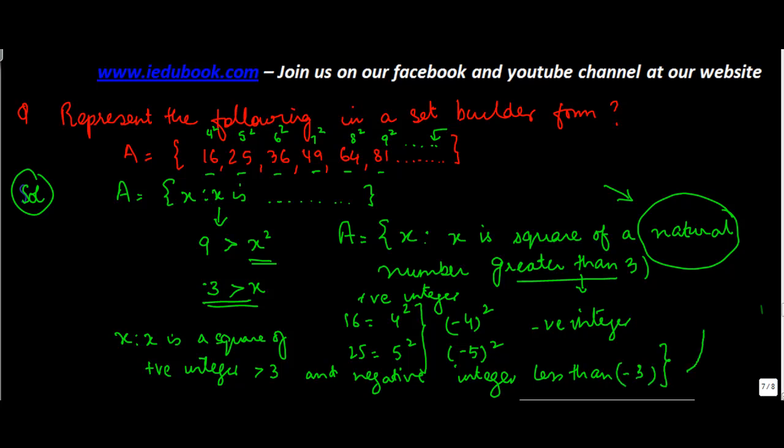Even this can be represented like this, or you can write it simply as a square of a natural number greater than 3. So you have to identify these patterns as you solve these problems.